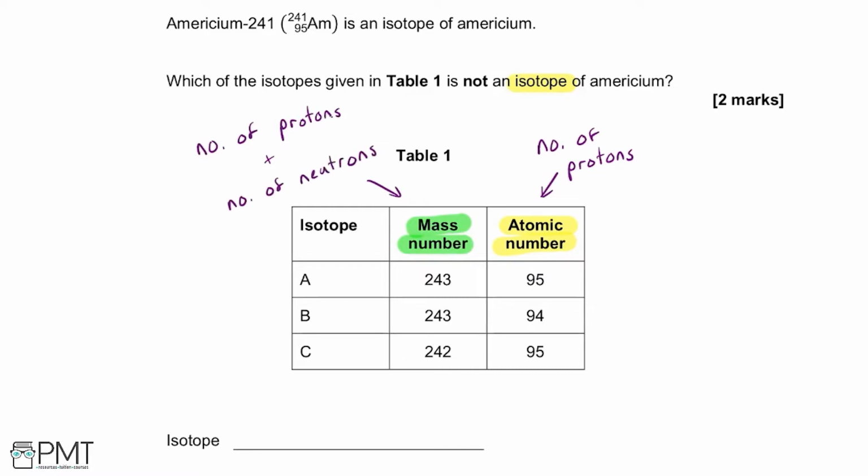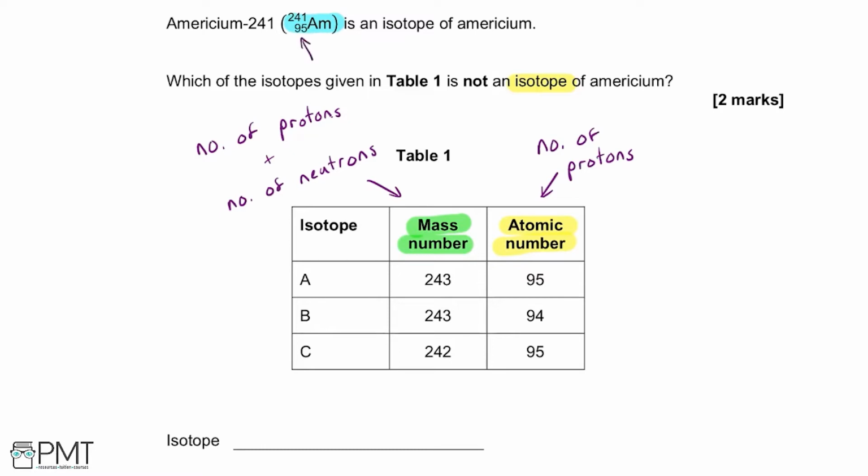If we look in the question, we can see the normal way that we would write the symbol for an element, or an isotope specifically. The number on the top is the mass number, it's the largest number, and the number on the bottom is the atomic number. So, which of the isotopes is not an isotope of americium? Well, it's the one that doesn't have the same number of protons, so it doesn't have the same atomic number.